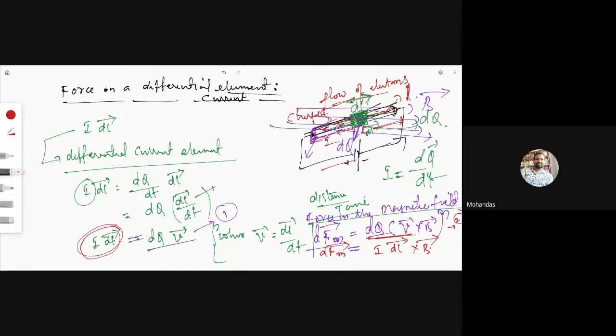Okay, now this is differential force. If I want to get total force, how can I calculate here?